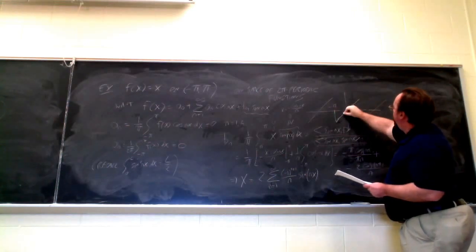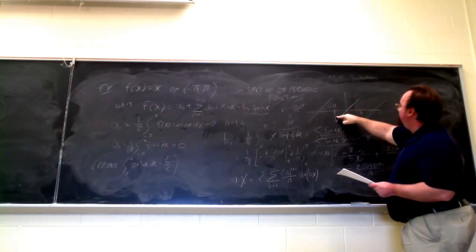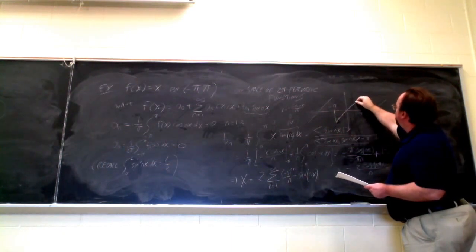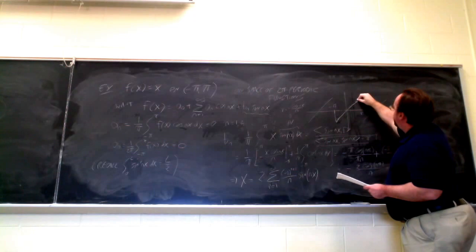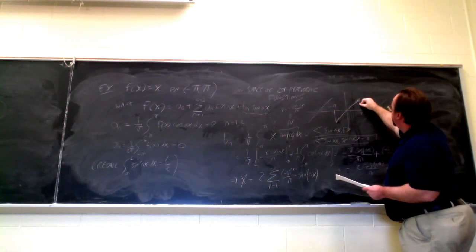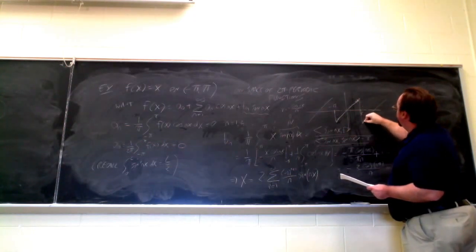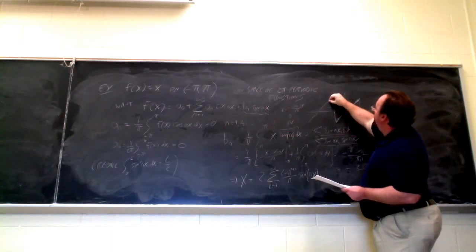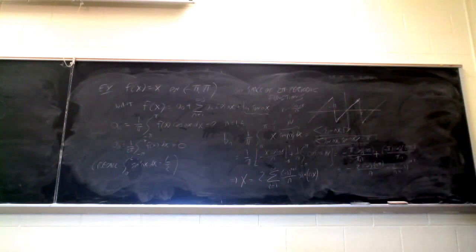Away from the discontinuity at minus pi and pi, you do get convergence. But as you approach the endpoints, minus pi and pi, you get these troublesome oscillations, and when the function jumps down, more oscillations that go away as you move away from the discontinuity. So this is how your 2 pi periodic extension, and therefore your Fourier sine series, behaves.